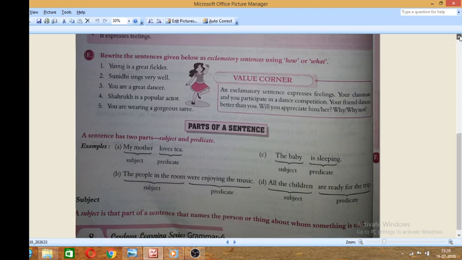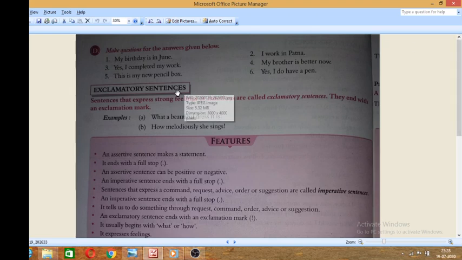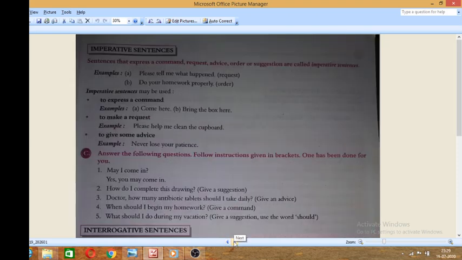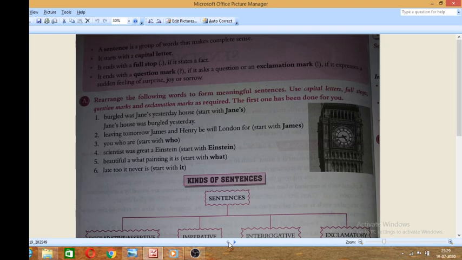Here you can see on the top of the page some questions. Sorry, this is not page number 6. Let me just open the page for you. Okay, this is page number 6.